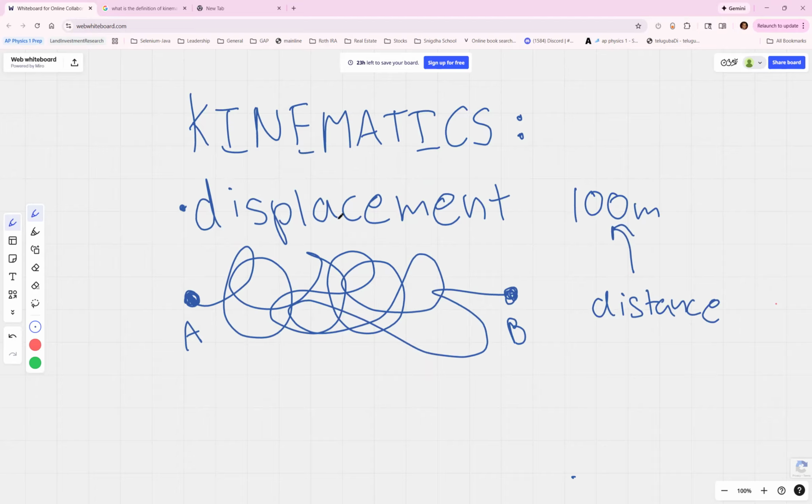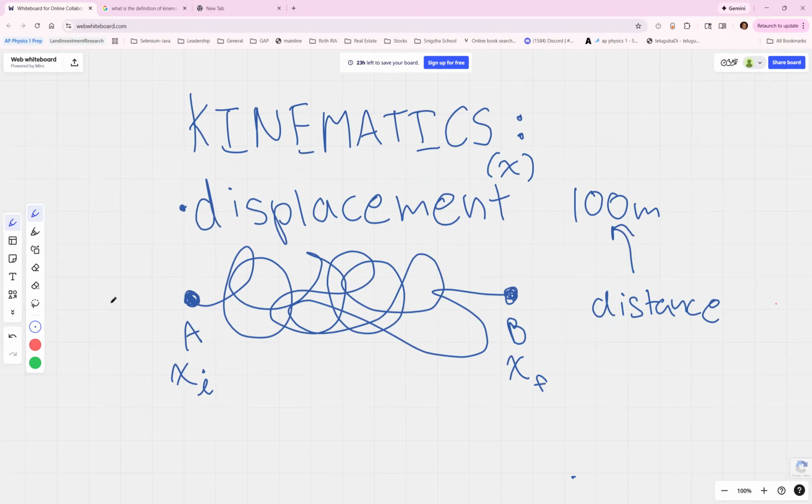However, displacement only focuses on the distance between point A and point B. So let's define displacement as the variable x, right? So with the variable x, we can say point A is the initial x. Let's not use O, let's use I. So x sub i, and point B is x sub f, which describes the final position.